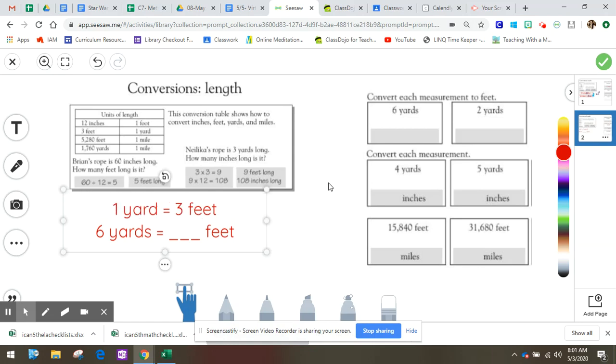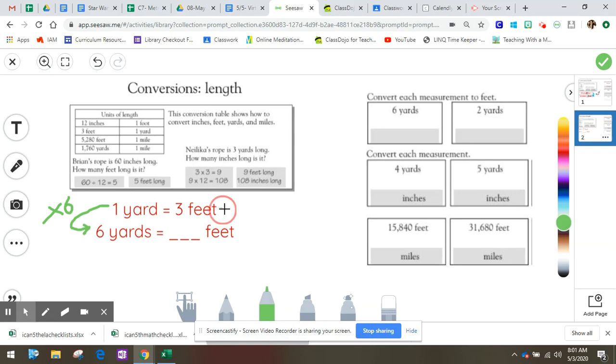Then I'm always going to be like, okay, well, if 1 yard equals 3 feet, always start with the side where you have both of the numbers. So again, it's like, well, what would I do to 1 to get to 6? What would I have to times 1 by to get 6? I'd have to times it by 6.